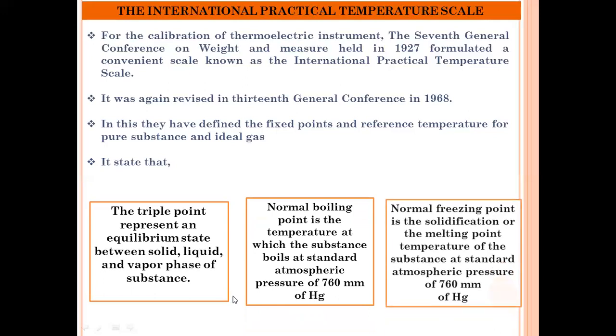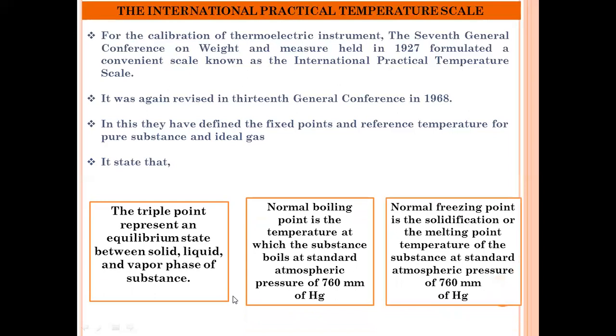Third, the normal freezing point is the solidification or melting point temperature of the substance at standard atmospheric pressure of 760 mm of Hg or 1.01325 bar. So these are the conclusions made under the 13th General Conference held in 1968.